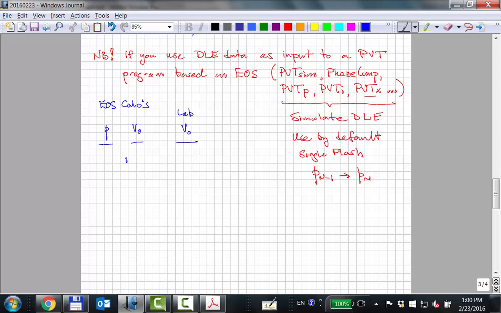Perfect equation of state, okay, the perfect model. 13.62 cc's, 13.62 cc's, okay? 12.45, 11.32, and so forth. All the way down. So we've got the perfect equation of state.